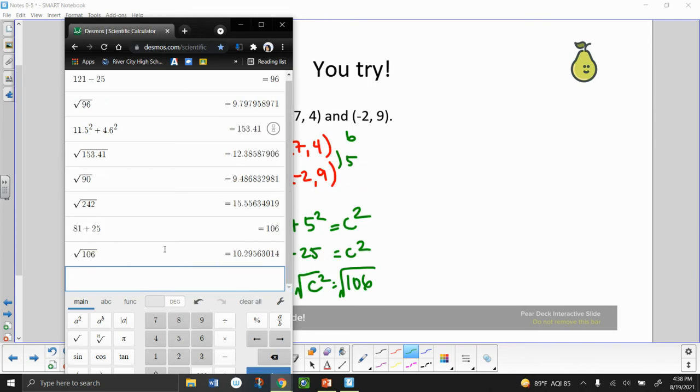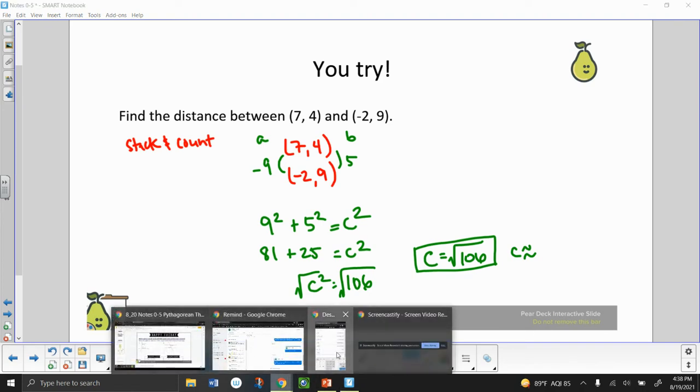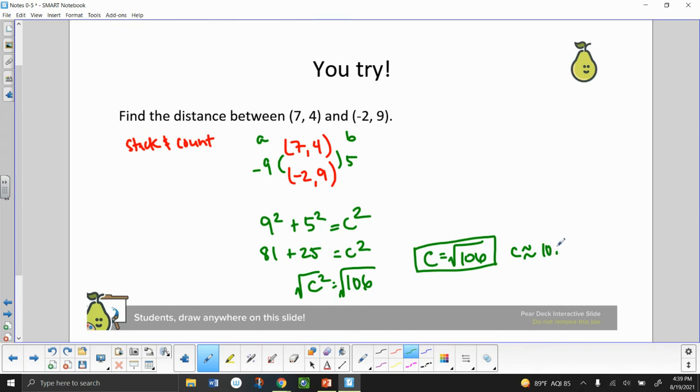So again, we have a decimal, so I'm going to leave my two answers. C is equal to the square root of 106. That's my exact answer. And then my approximate is going to be 10.30. So that's one way you can do it instead of having to use distance formula.